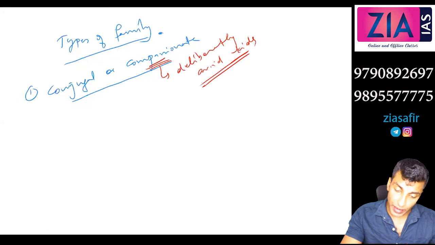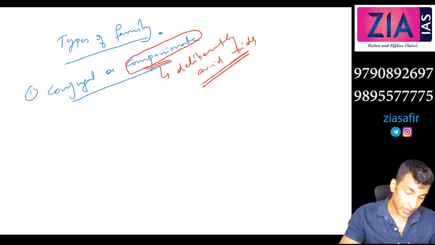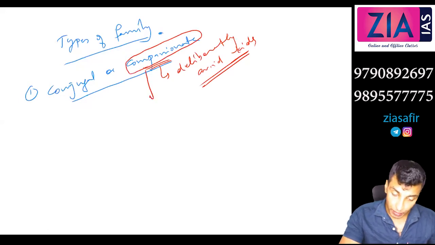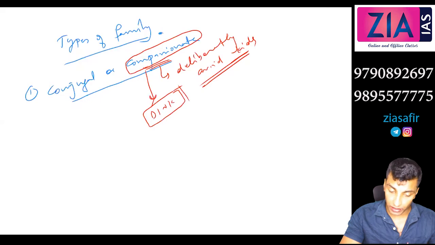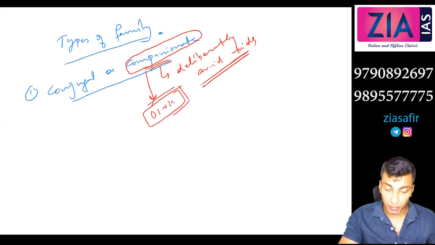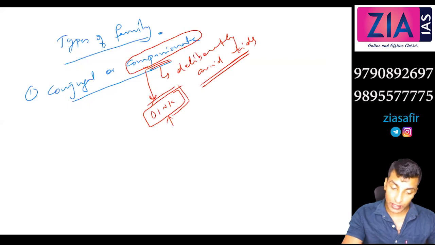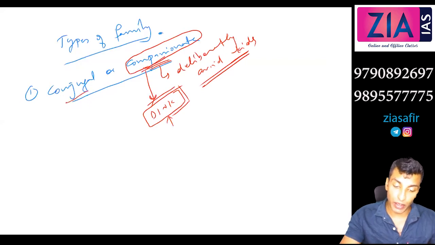So conjugal companionate family means this is actually a new trend which you can see, double income and no kids, understood as DINK family. In European societies you can see double income, no kids, DINK families are emerging. So that is nothing but the companionate family, deliberately avoid kids so they have their own life.